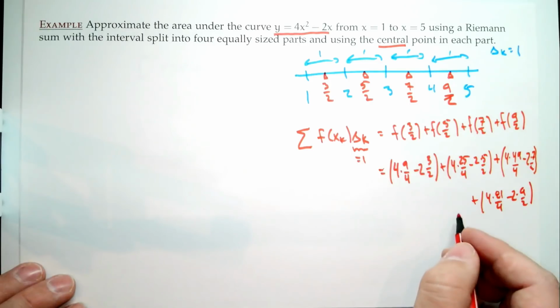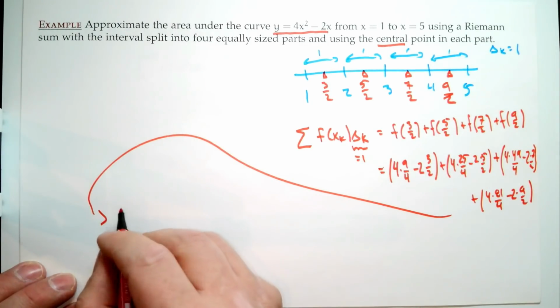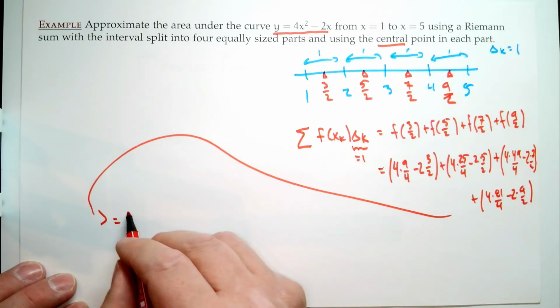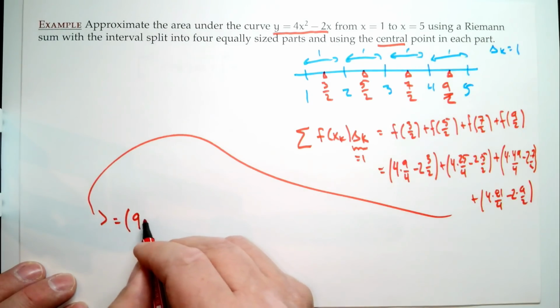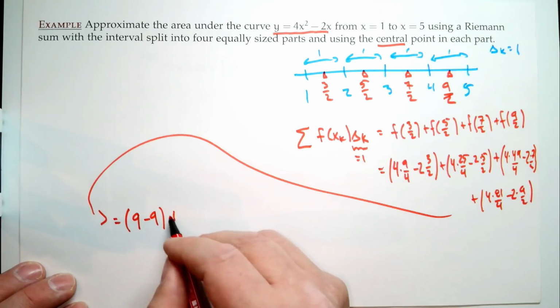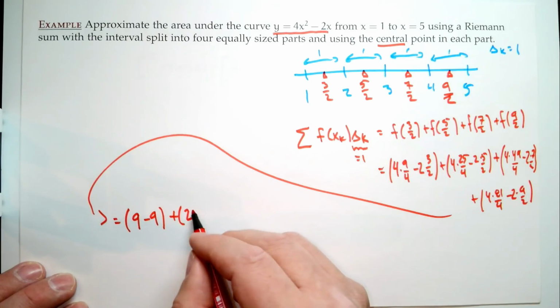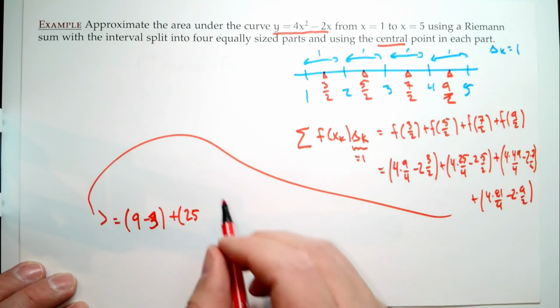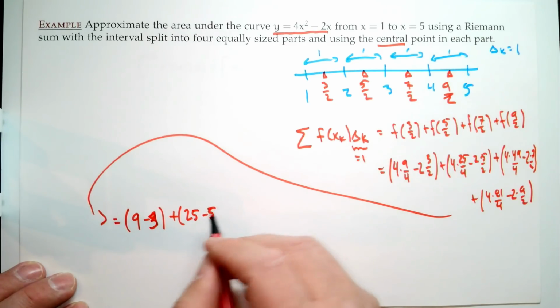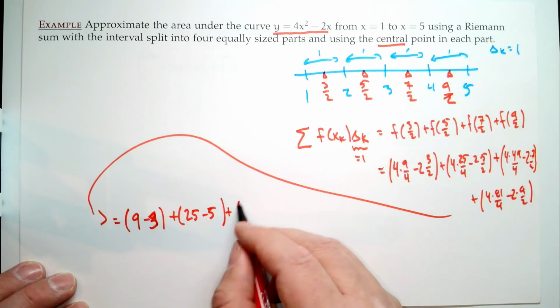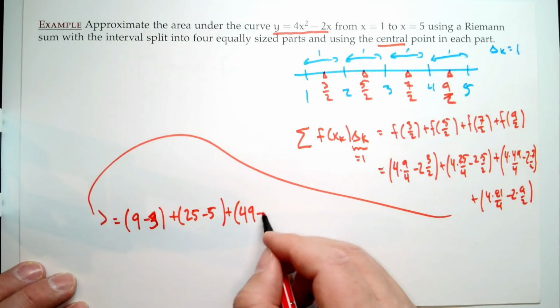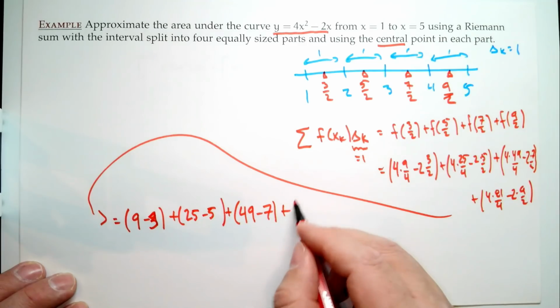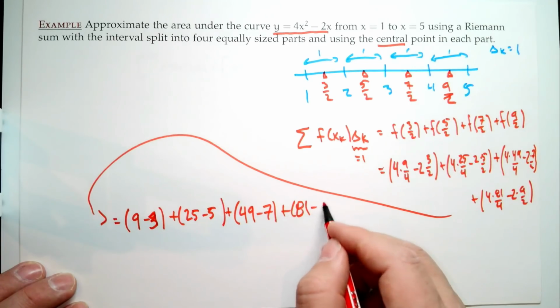So if I start over here, so I have plenty of space, that becomes 9 minus 3 plus 25 minus 5. Double check, it's easy to make mistakes in copying. 49 minus 7 and 81 minus 9.